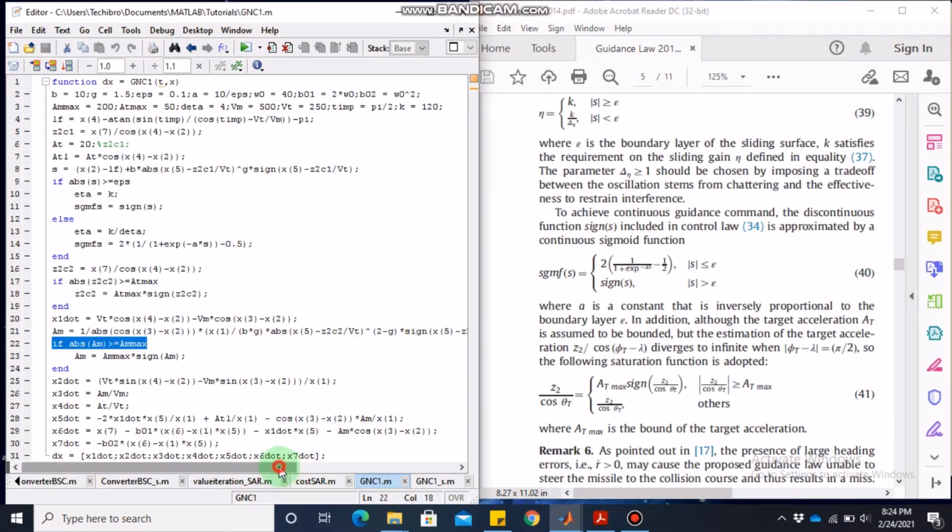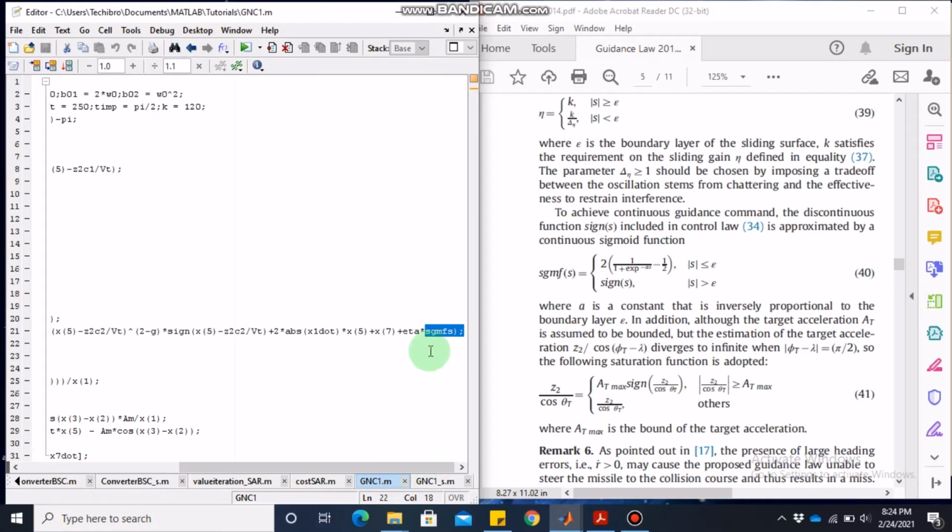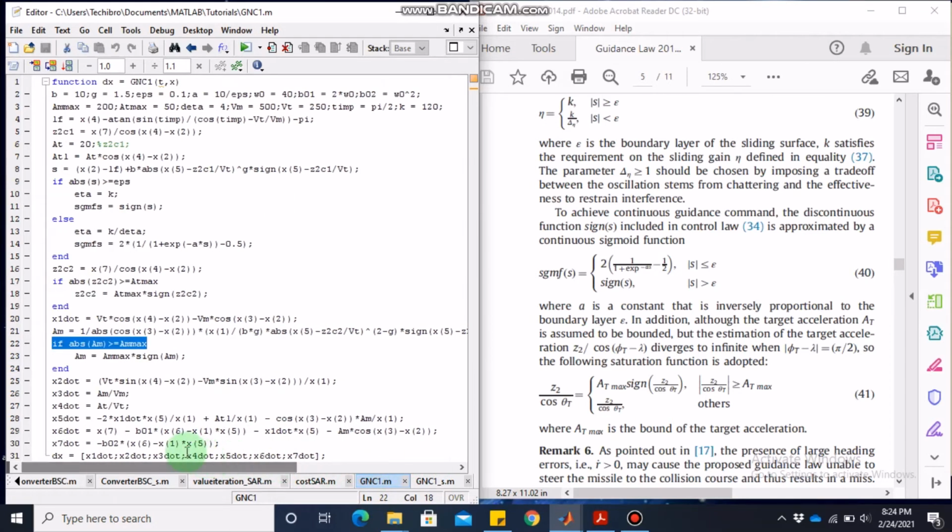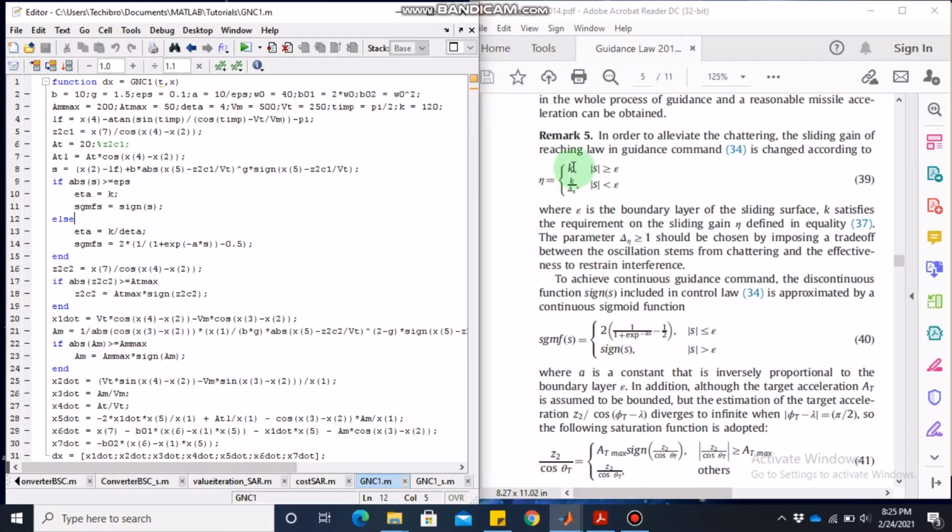So this should be implemented with some conditions: if the absolute value of s is greater than epsilon, like here, just use sign of s, otherwise use 2 times this whole sigmoid function. And then this eta should also be used based on whether the sliding surface absolute value is greater than epsilon or less than epsilon.